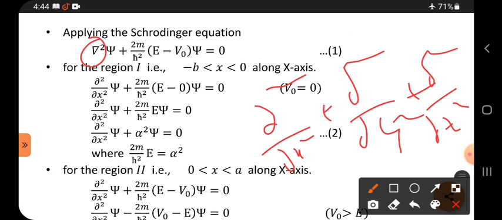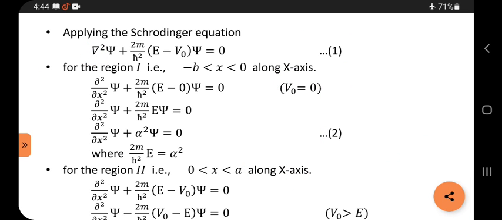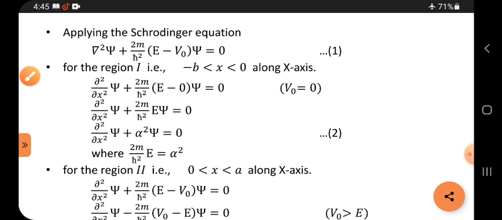In one dimension we only take the x term and exclude the remaining two. In region 1, the potential energy is minimum, that is 0. So in place of V naught, 0 is substituted, and the formula becomes this.